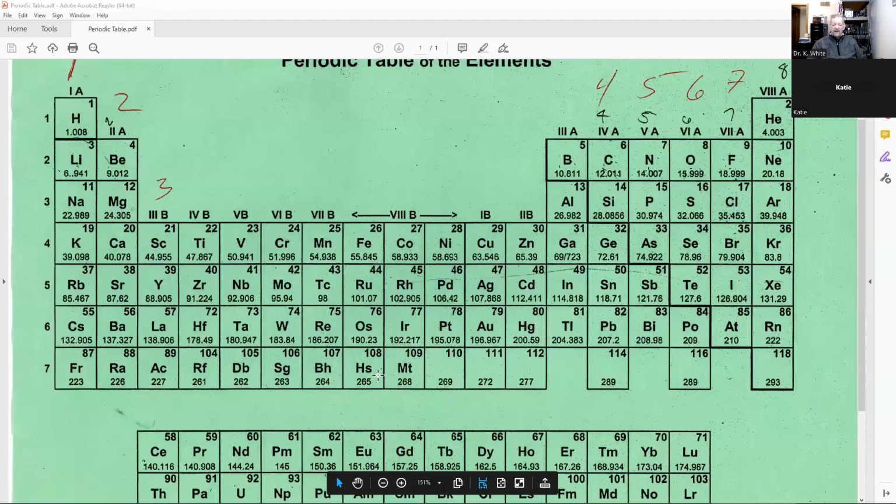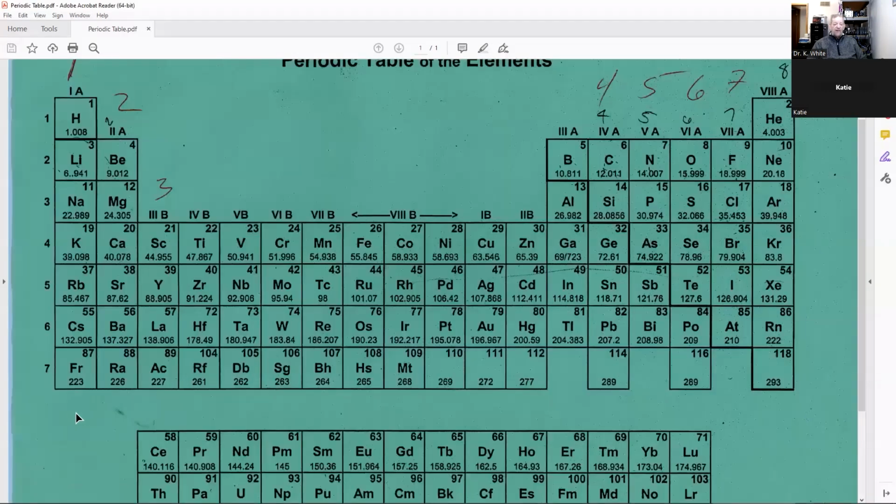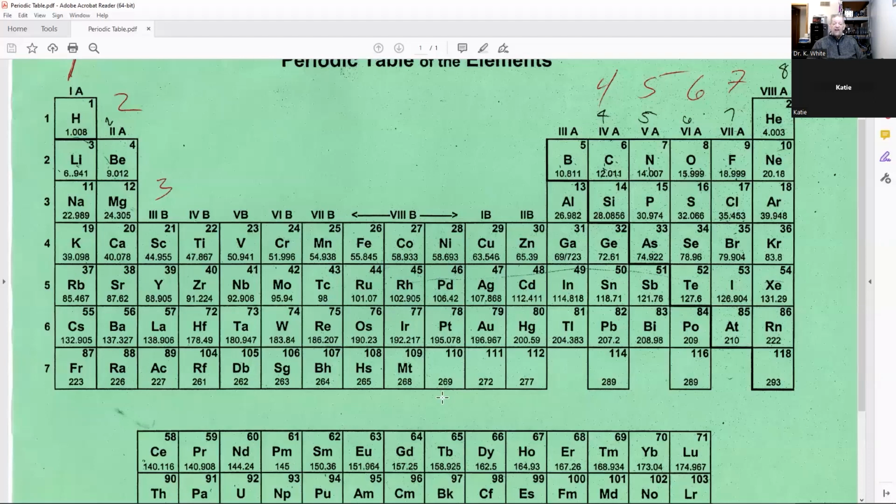All right, on your screen, this is the periodic table you will download for test number 1. Please don't go on the internet. I will know because certain ways I can tell if somebody has it. But you should know that if I say, what's the chemical symbol of lithium?